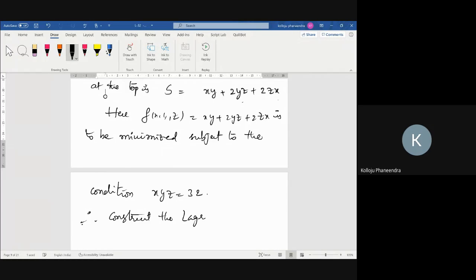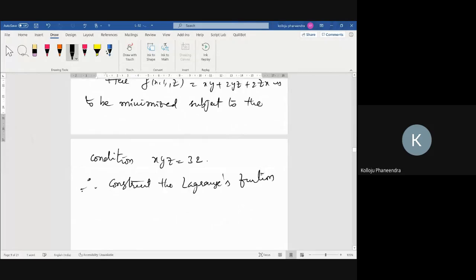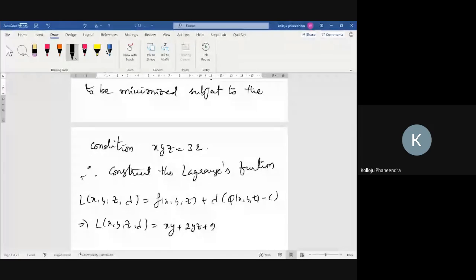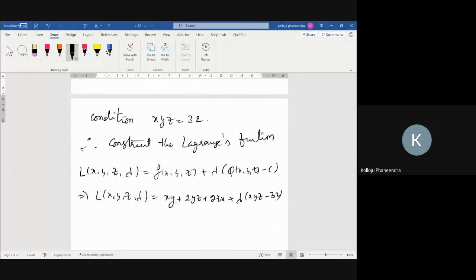Construct the Lagrange's function L of 3 variables, and only one condition is given, therefore one multiplier. f of xyz plus lambda into phi of xyz minus c. This implies L of x, y, z, lambda equals xy plus 2yz plus 2zx plus lambda into xyz minus 32.